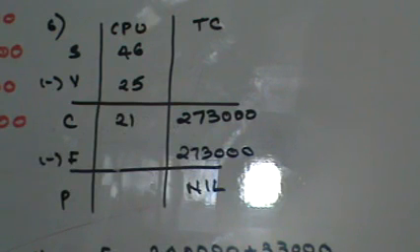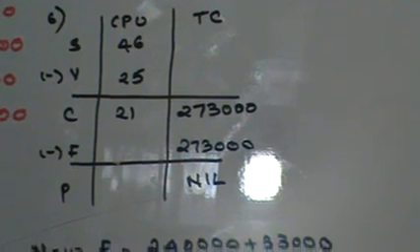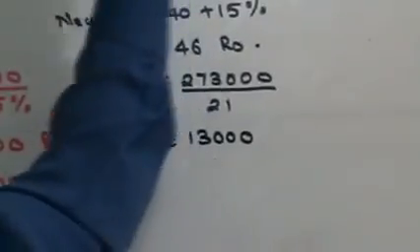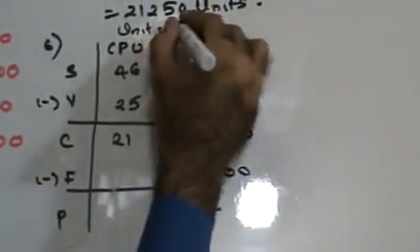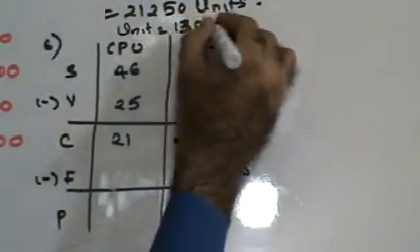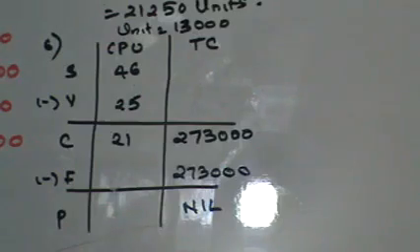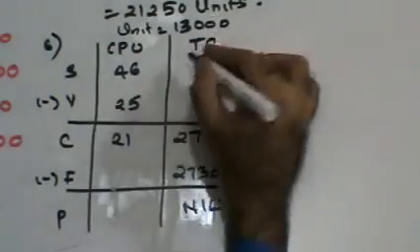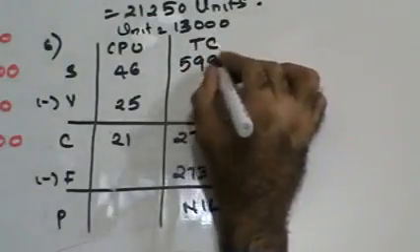If you have this, then you can find out the units. How do I find out units? 2,73,000 divided by 21. How much is that? 13,000. That means if I sell 13,000 units, I will be at break-even. So my break-even units are going to be 13,000. Someone please multiply 13,000 into 46. 5,98,000.